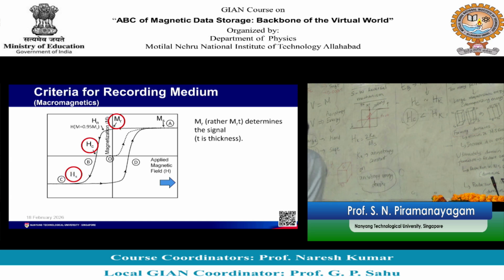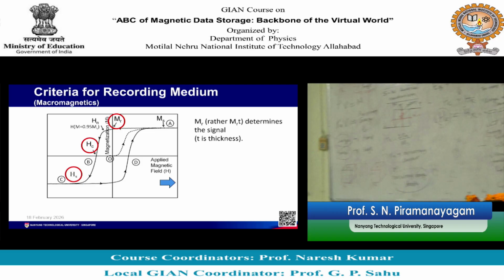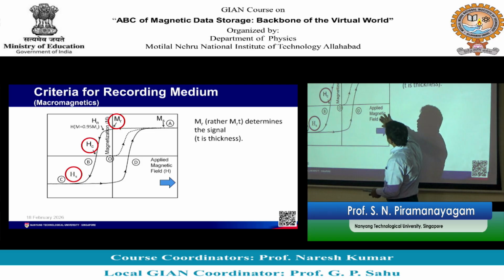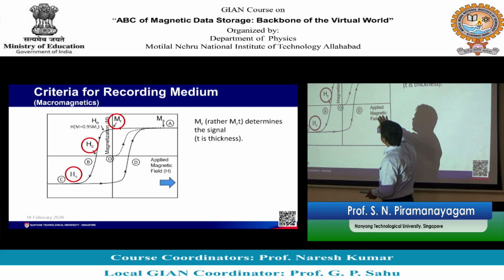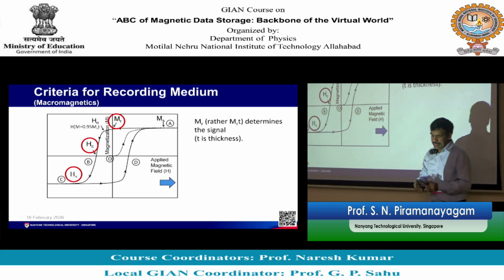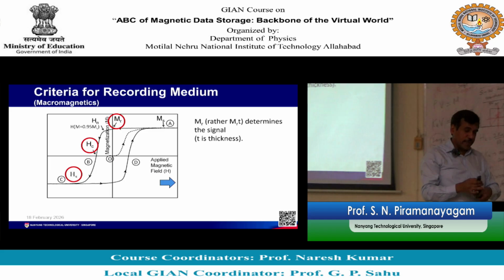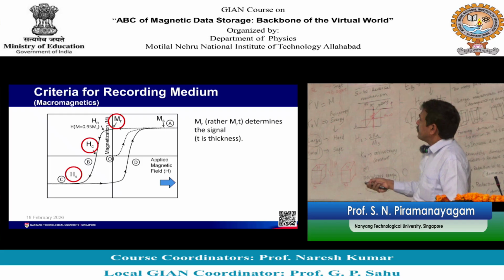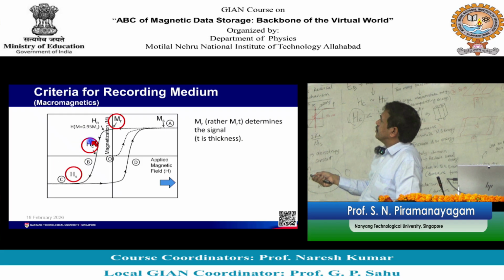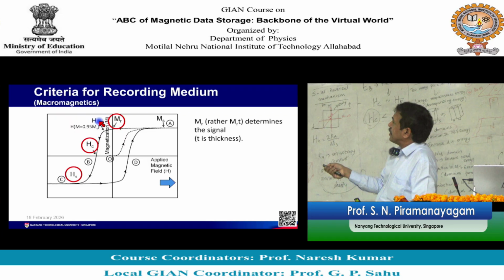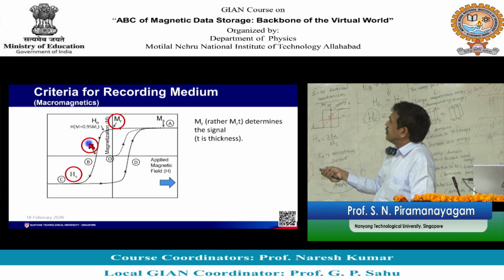Remember that the x axis is field, and the y axis is magnetization or magnetic moment. Whenever we say coercivity or some other field like HN, the nucleation field, this is all related to x axis parameters, and when we say MR, MS, this is all related to y axis parameters.